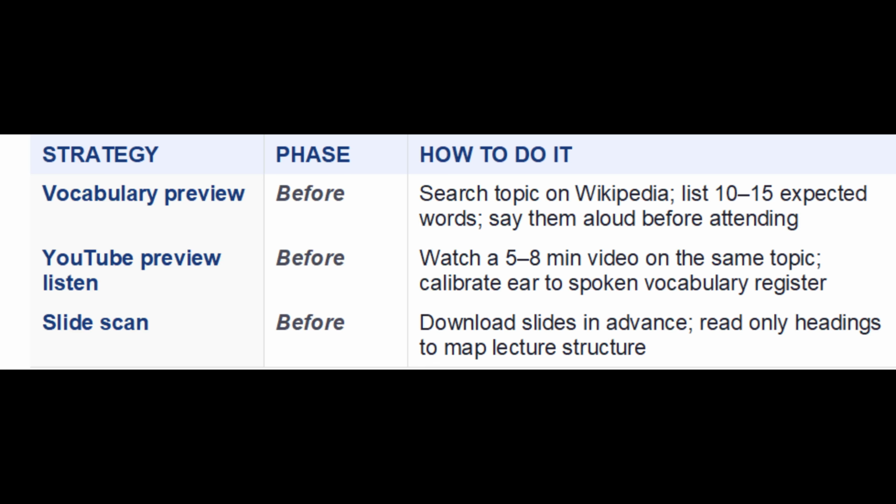Students should preview key vocabulary by identifying 10 to 15 relevant terms from sources like Wikipedia and pronouncing them aloud. Watching a short video, 5 to 8 minutes, on the topic helps tune the ear to the expected terminology and speaking style. Additionally, briefly scanning lecture slides, focusing only on headings, allows learners to understand the general structure of the lecture.